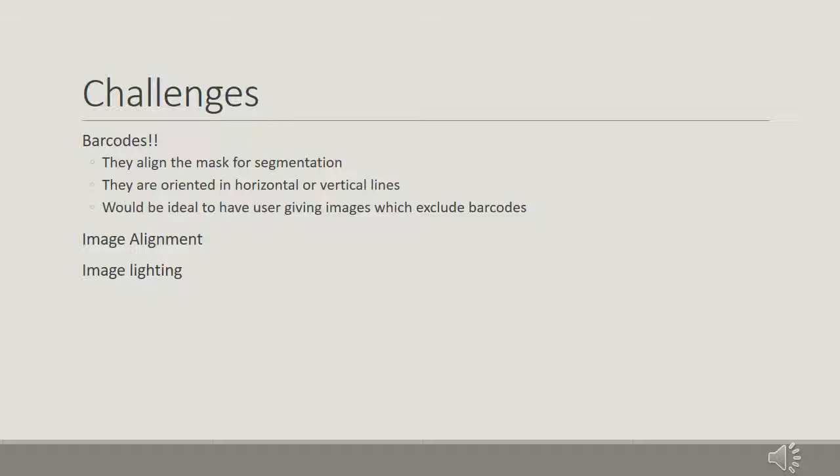But when the nutrition fact picture also has a barcode in it, the barcode sometimes has more horizontal or vertical lines than the nutrition fact. In that case, when we do the clustering filter, the image considers the barcode as the bigger cluster, and it preserves that and gets rid of all the nutrition fact lines, which we do not want. We will see one such example when we see the demo, but yes, barcodes do create a lot of problems.